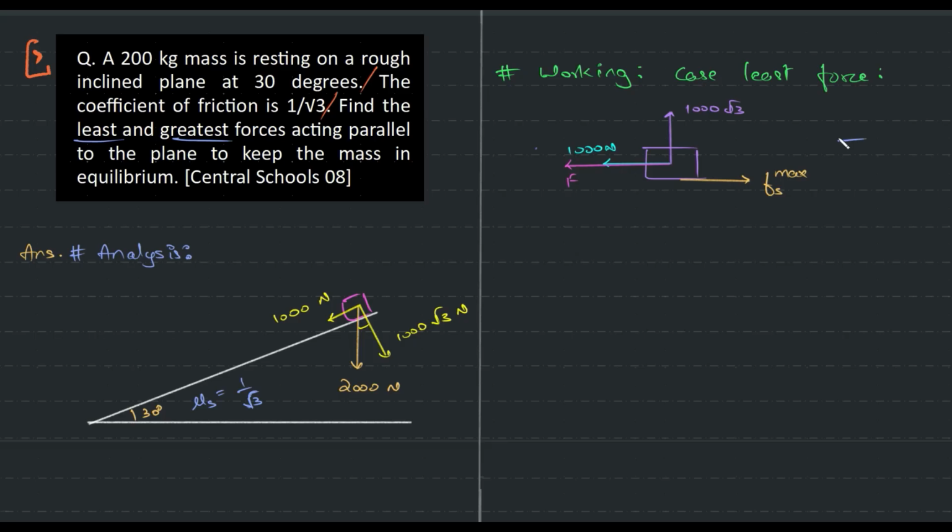This is down the slope and this is perpendicular to the slope. So let F1 be the least force pulling the object down.